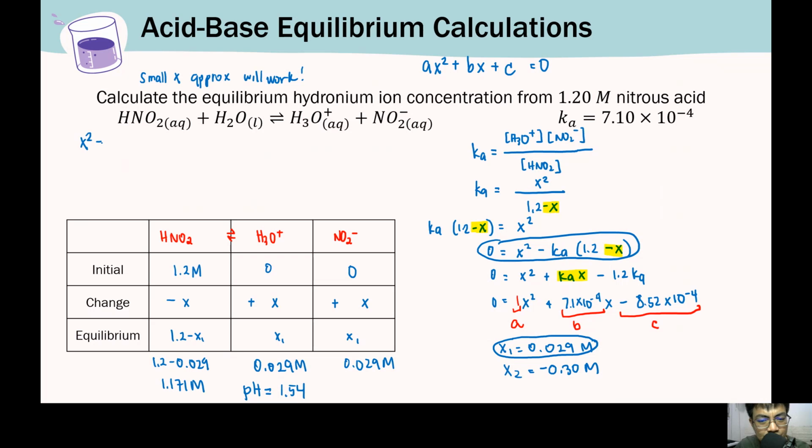So x squared is Ka times 1.2 minus x. Okay? So suppose itong x na to mabubura kasi sabi natin the small x approximation will work. Ito at ito parating yung nabubura kapag small x. Ito yung target na. Let me use a different ink color so that I can emphasize. So ito yung target ng small x.